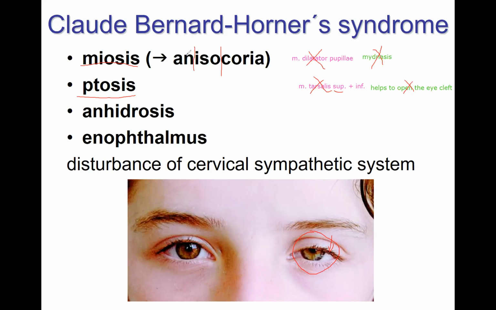So why anhidrosis? What does it supply? It supplies sweat glands, yeah? Sweat glands. The sympathetic system supplies sweat glands. As we said, it uses acetylcholine with muscarinic receptors. And what is the function?